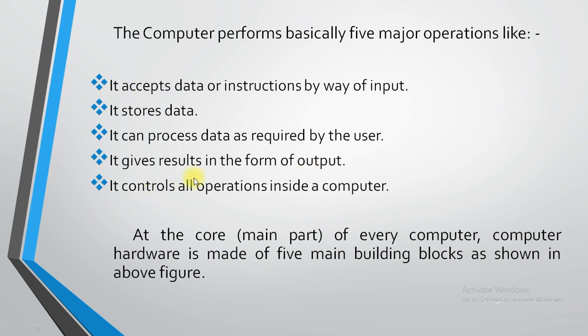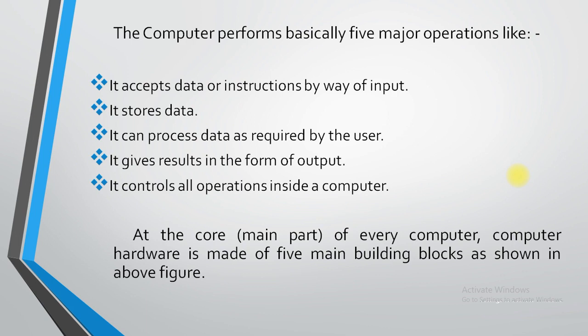And last, it controls all the operations inside a computer. Controlling means what? See, you need to control the data, otherwise you will not generate proper output. So control operation is performed by the control unit.